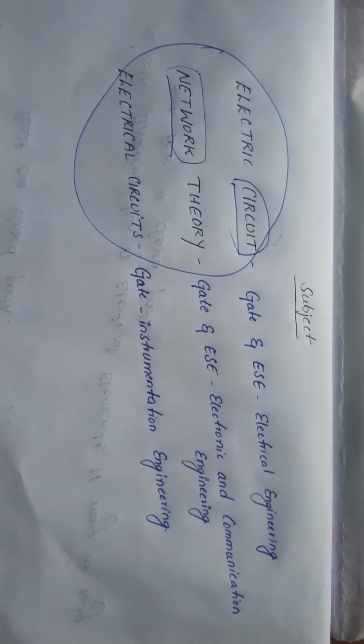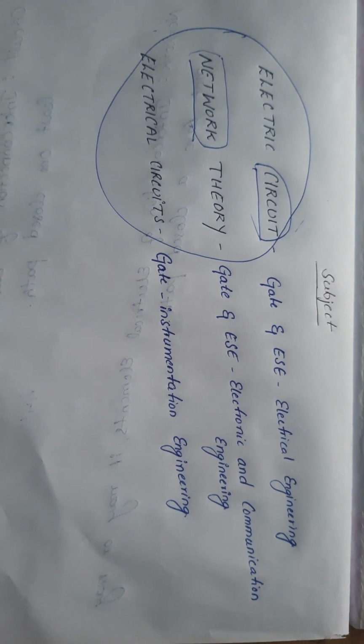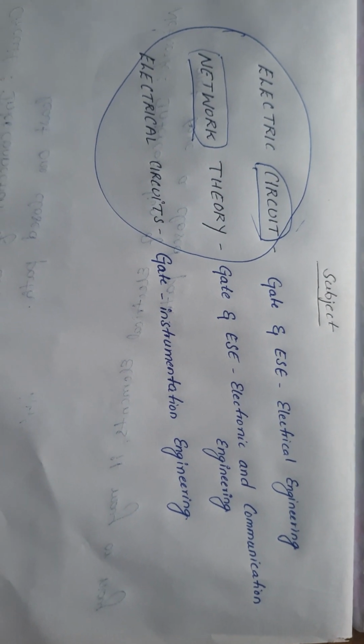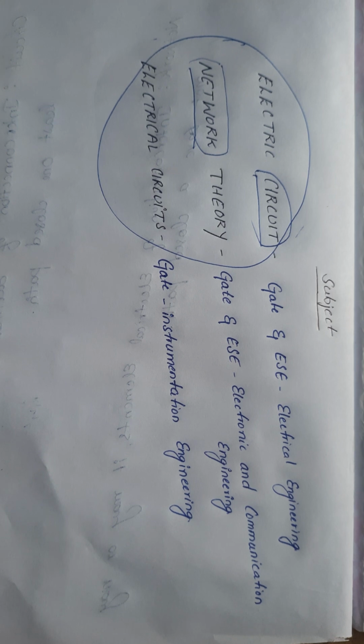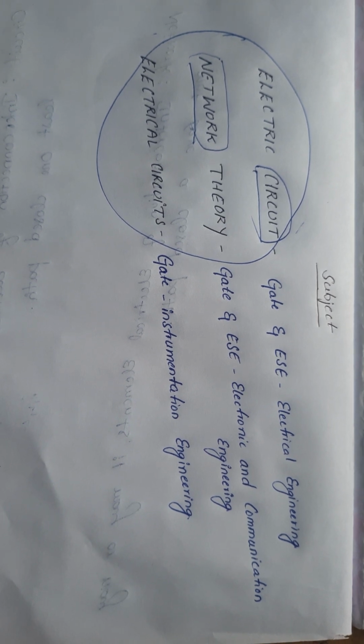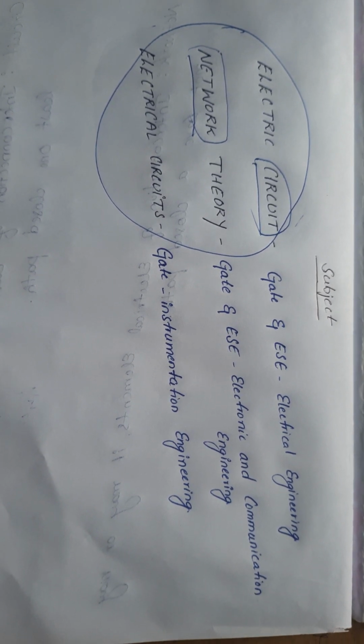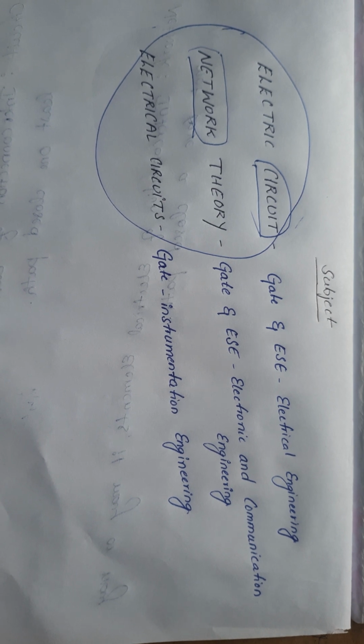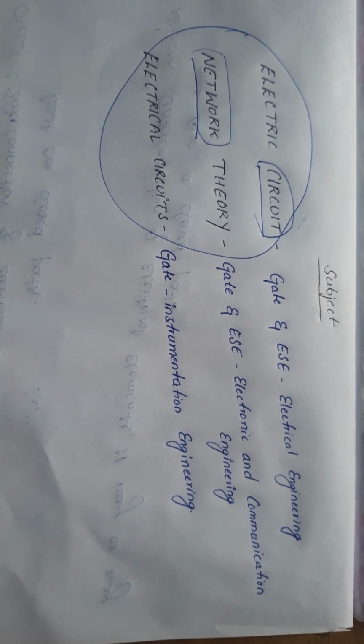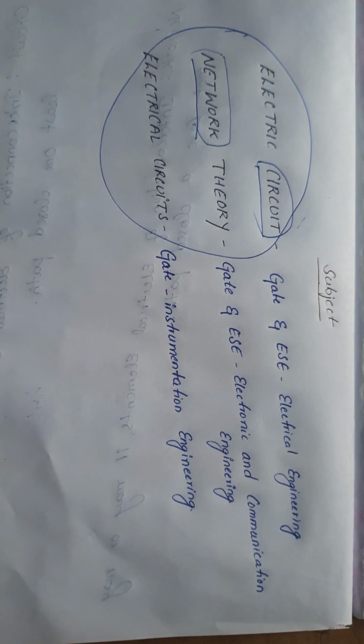Let's start our new subject, network theory. First of all, let's have a brief idea about the subject. Here, what we will discuss in this course for electrical engineering, electronics and communication engineering, and instrumentation engineering also. According to the GATE and ESE syllabus, for electrical, the subject title is electrical circuits.